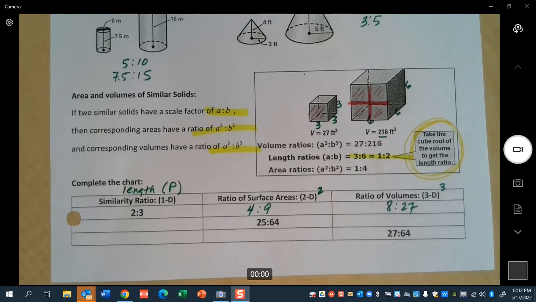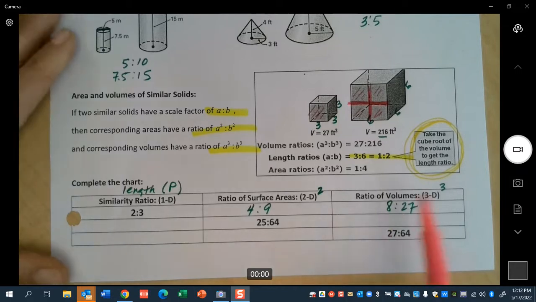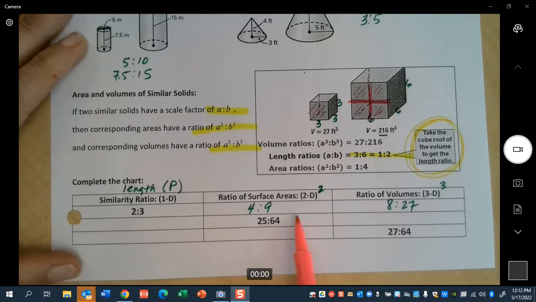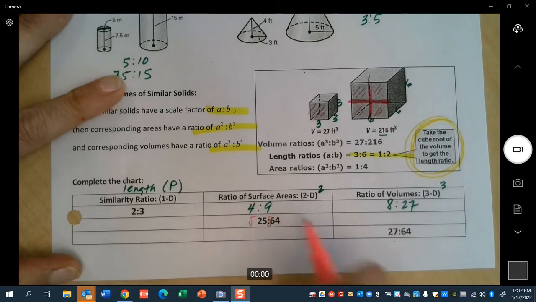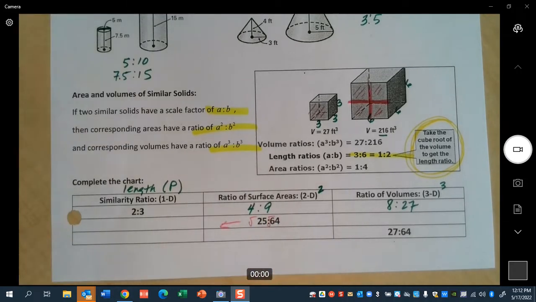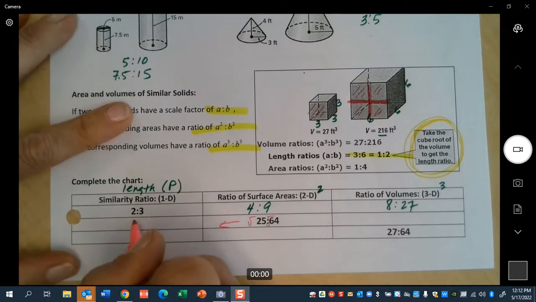I got that because their volumes were 27 to 216. All right, let's fill in the rest of the chart. If I know that my surface areas are 25 to 64, take the square root of those to get your linear lengths. What's the relationship between my linear lengths? 5 to 8.